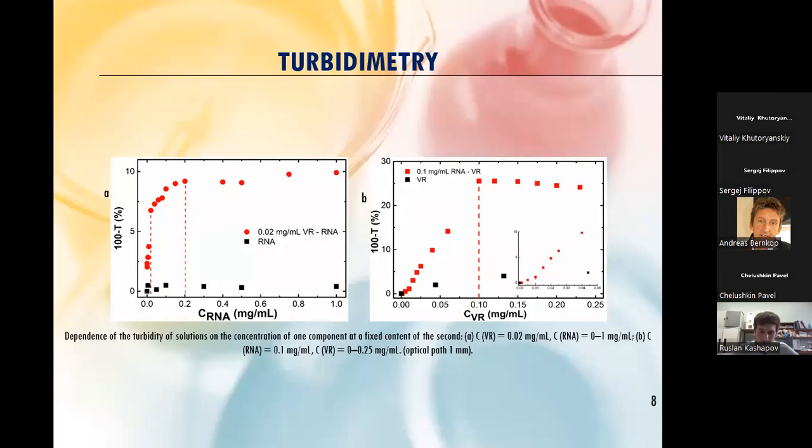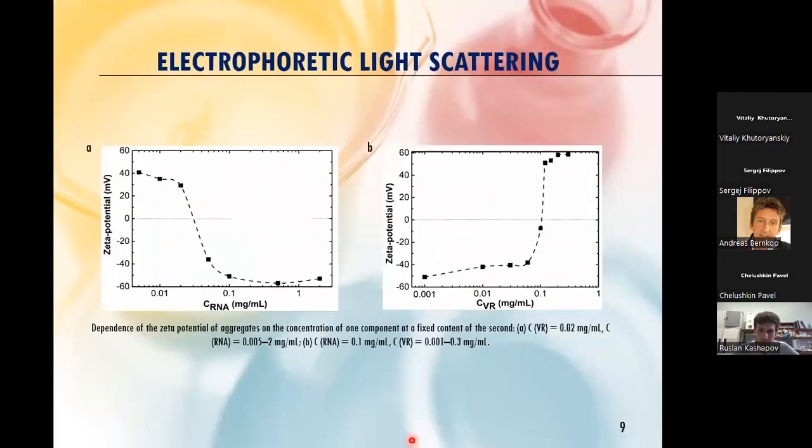macrocycle and biopolymer. The obtained data of turbidimetric titration are in good agreement with the results of electrophoretic light scattering. Zeta potential values were also measured for both mixed systems with the constant concentration of one component and variable proportion of the other. In both cases, the recharge of the positive charge of calixarene and the negative charge of RNA occurs after reaching ratios at which there is an area of maximum opalescence presented on the previous slide.